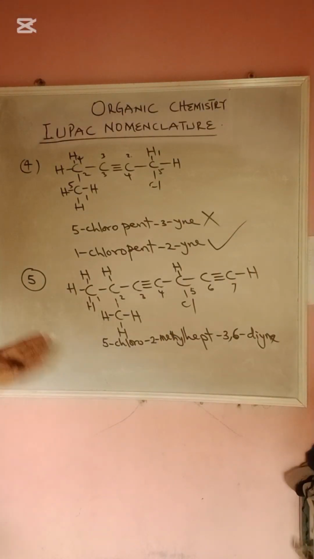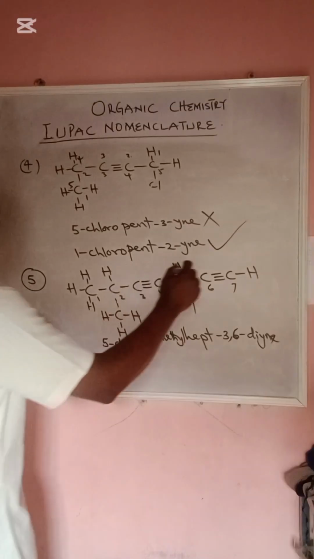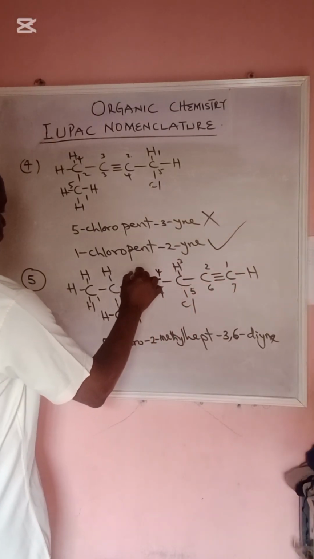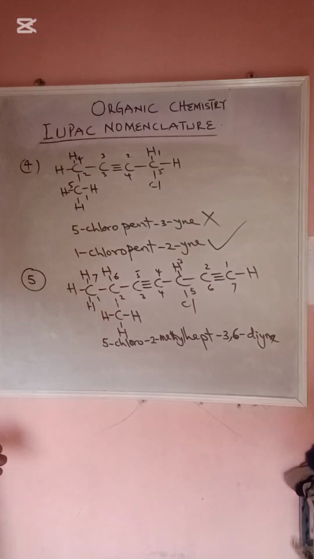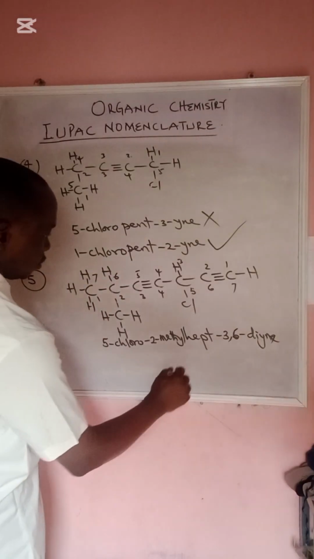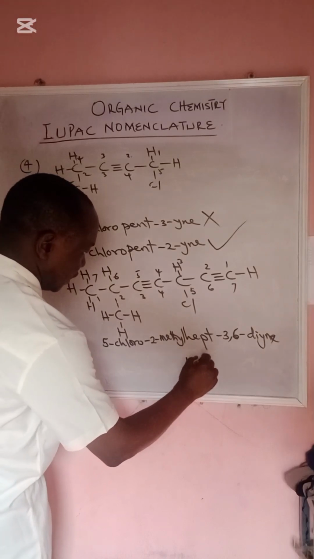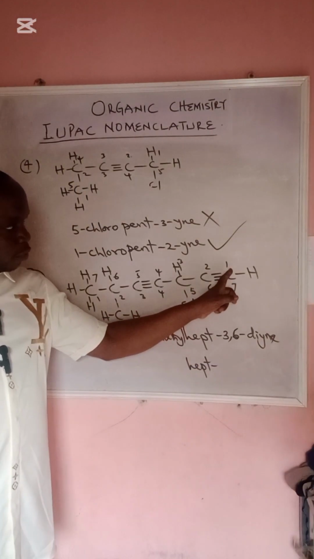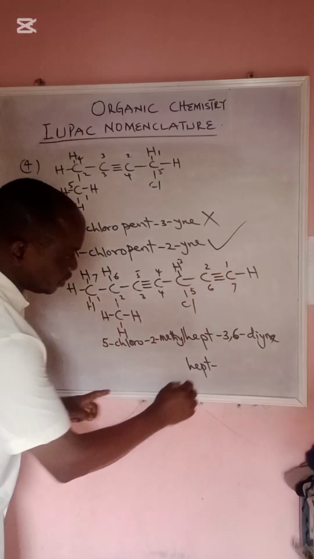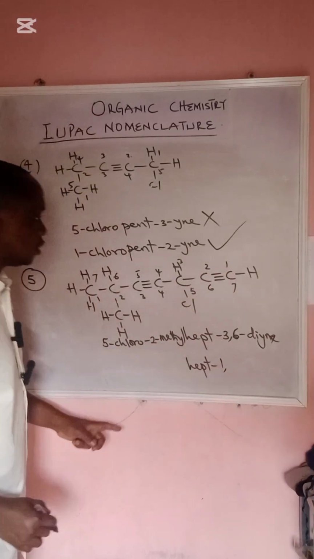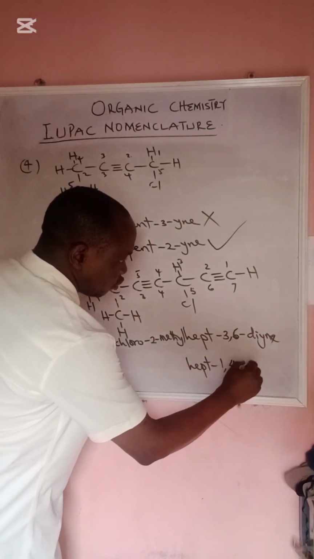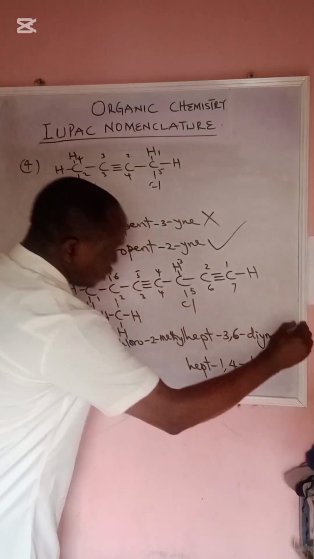Counting from right to left, 1, 2, 3, 4, 5, 6, 7. Between carbon 1 and 2, we'll take 1, the ene on carbon 1. Between 4 and 5, I will take 4. This one will be dien-yne.